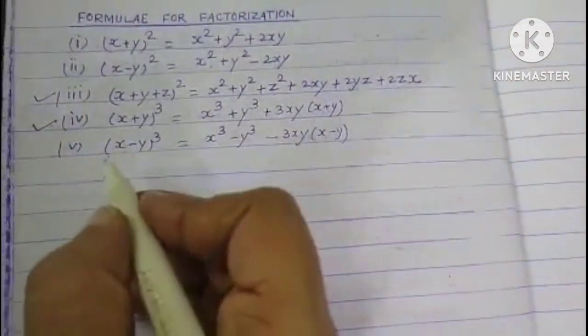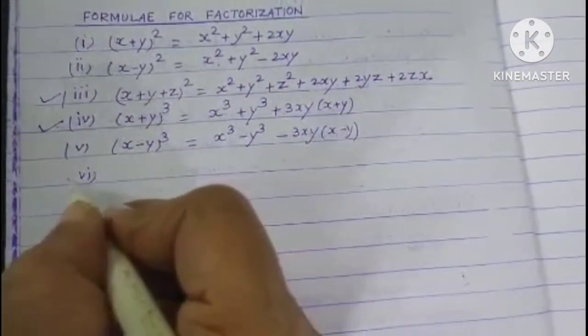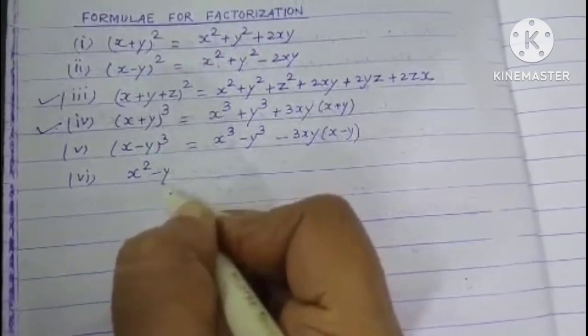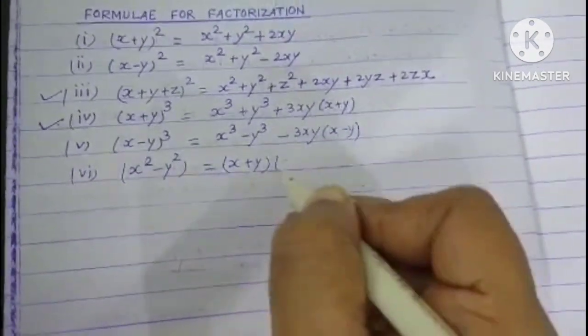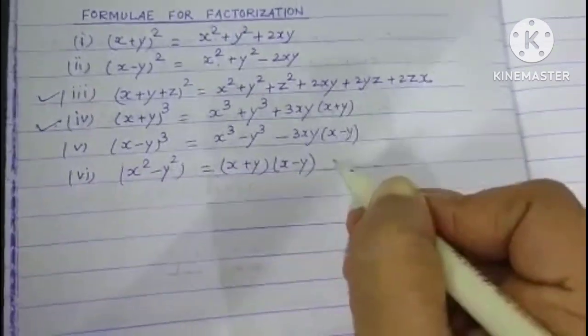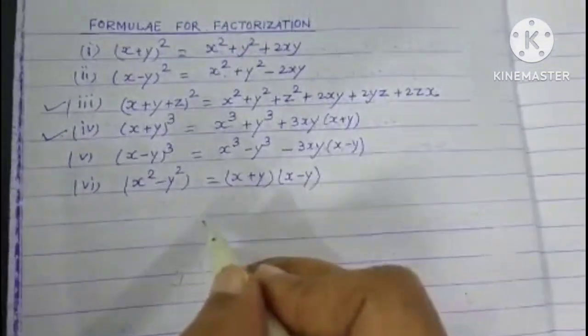And one more thing we use normally: x square minus y square is equal to (x plus y) into (x minus y). We use this formula for factorization.